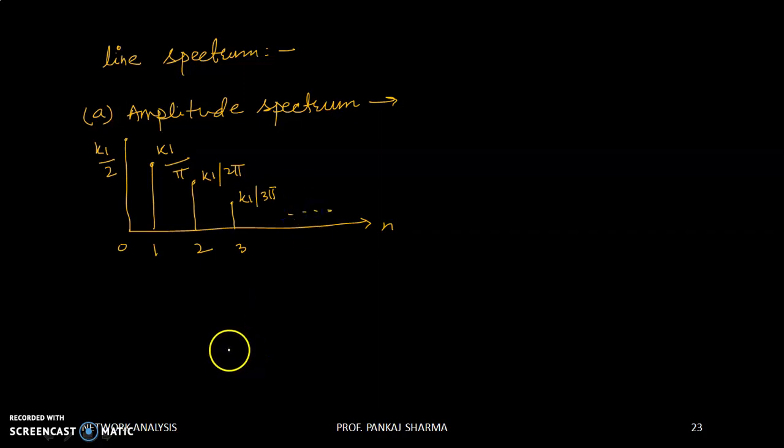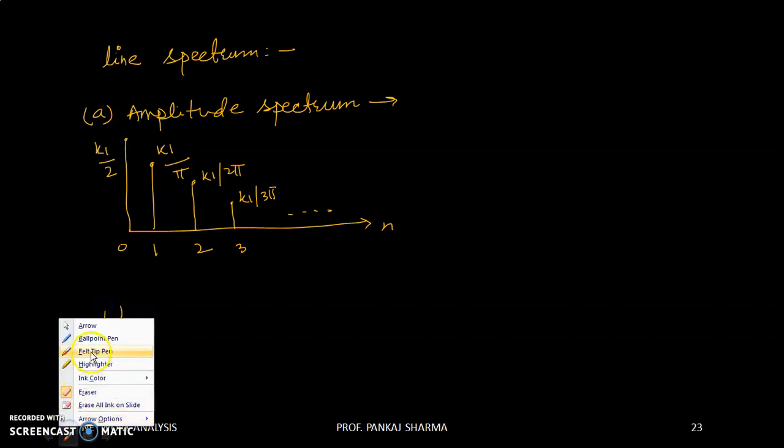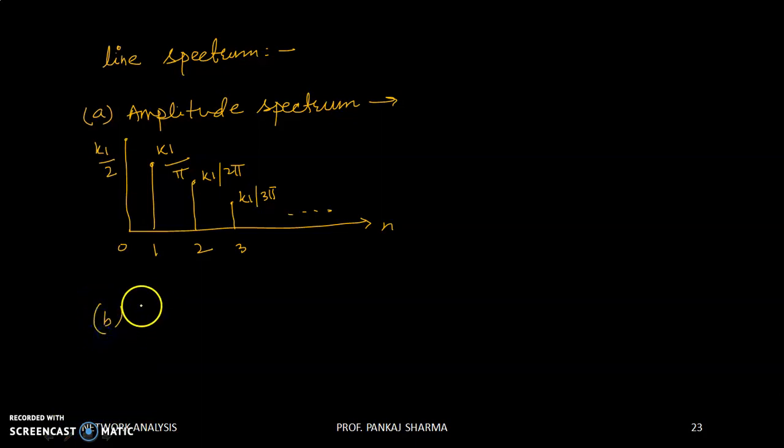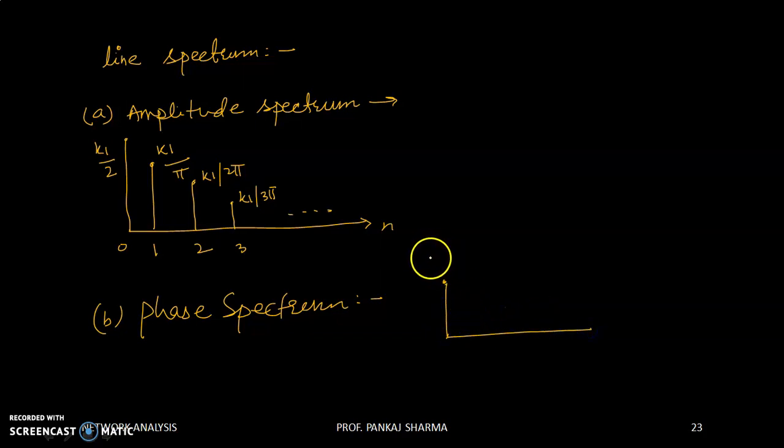And what about the phase spectrum? Part B is your phase spectrum. That is pi by 2.